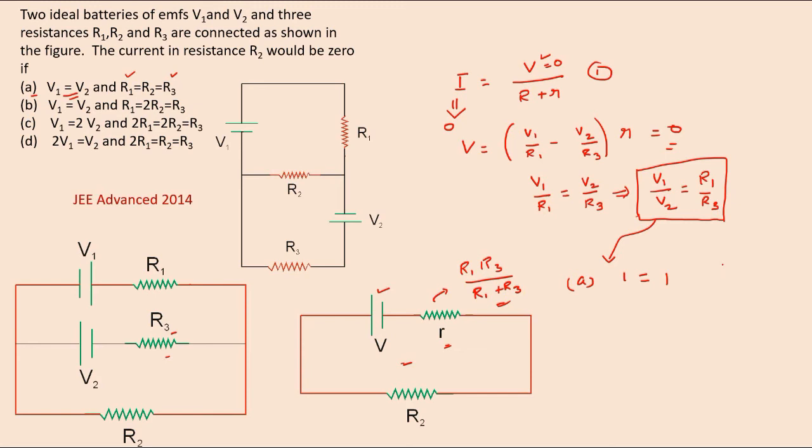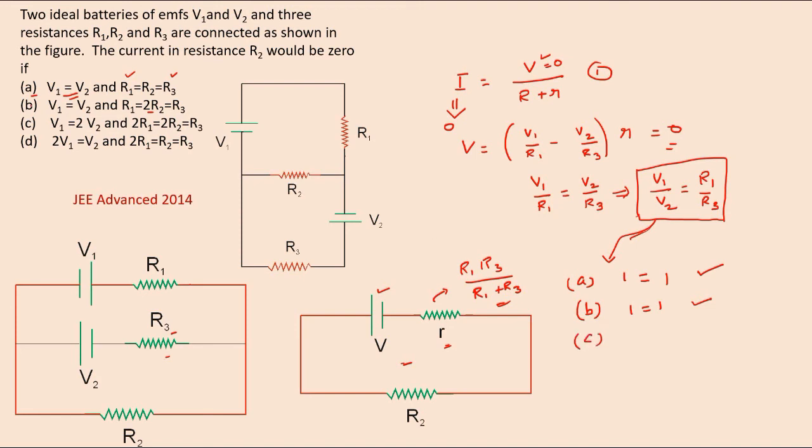So option A is the condition for no current through R2. Then go to option B. V1 again equal to V2, so you have 1 here. Then R1 is equal to 2R2 is equal to R3, so R1 by R3 is 1. So 1 is equal to 1. So in option B also the condition is satisfied.